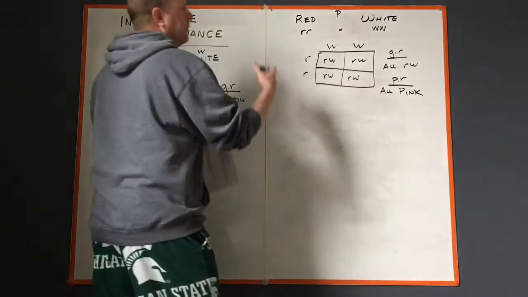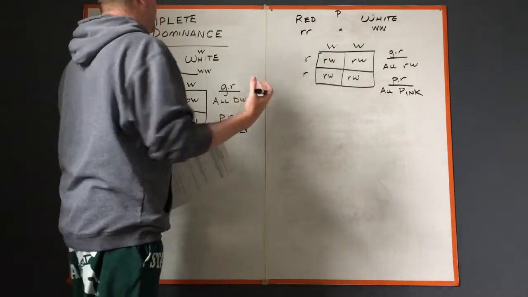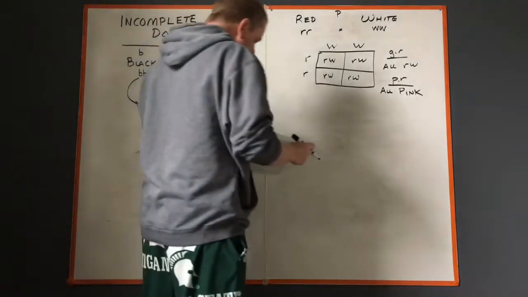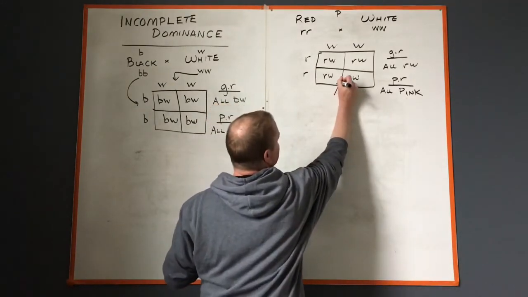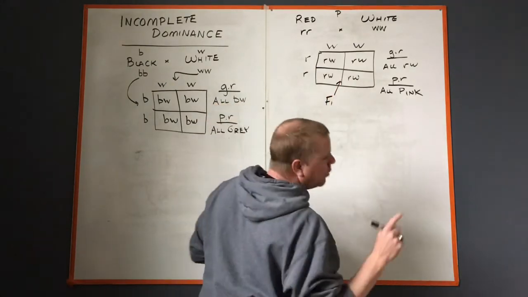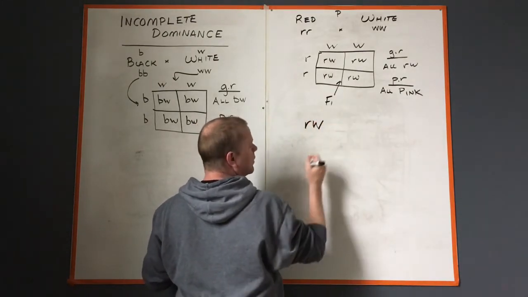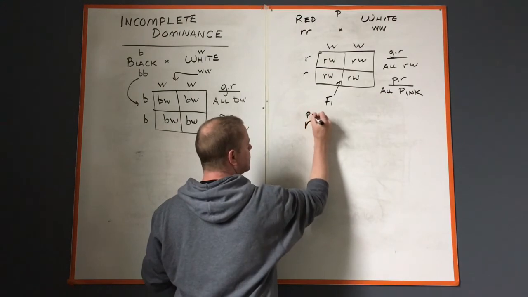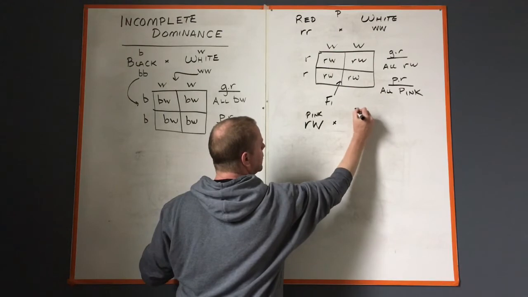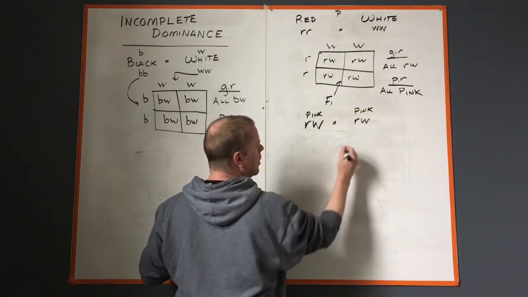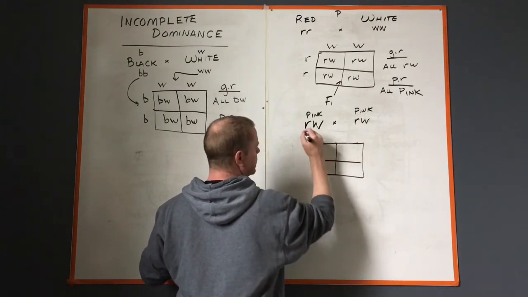Now, some people will do that a little bit differently. Some people will assign a letter, but I don't like giving them a dominant or capital letter because it doesn't dominate over the other one. Now, for the F1 generation, so that's these organisms right here, if we took 2 of them and we crossed them, so we took an RW, which would phenotypically look pink, and we cross that with another RW, again, phenotypically pink, what would end up happening is we would end up with this situation.